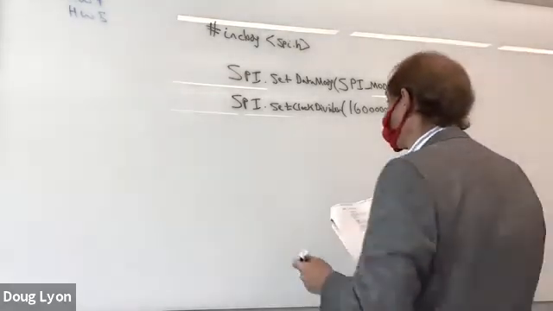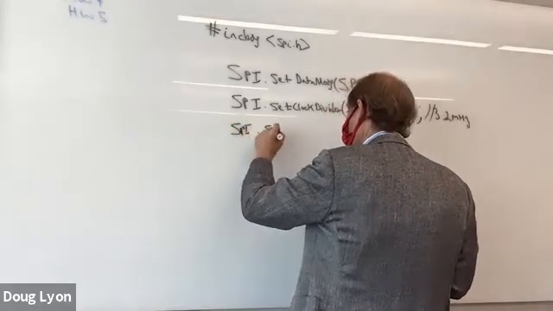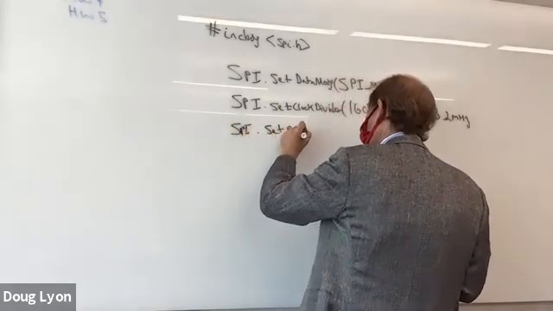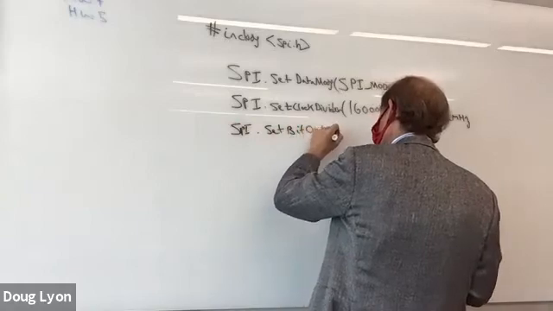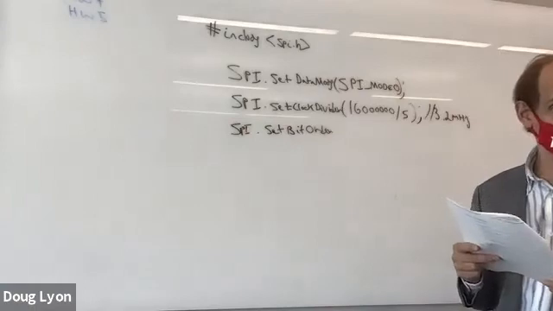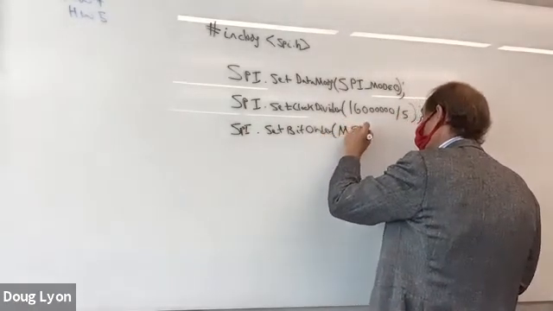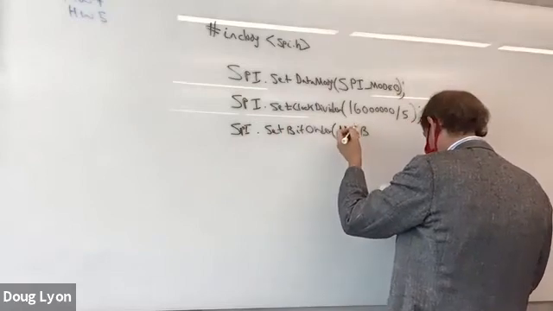Then comes this other thing that's just kind of interesting, SPI set bit order. And I don't know if you recall when we talked about Little Endian and Big Endian. This is going to do the most significant bit first.